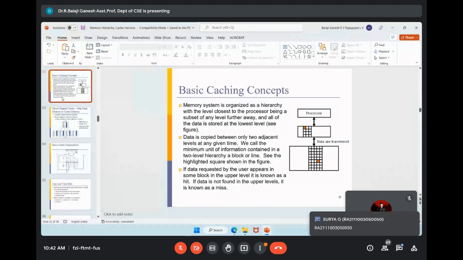So when we talk about cache memory, there are two things you need to learn. One is the cache mapping functions. Cache mapping functions decide which block of main memory needs to be placed in which block of cache.